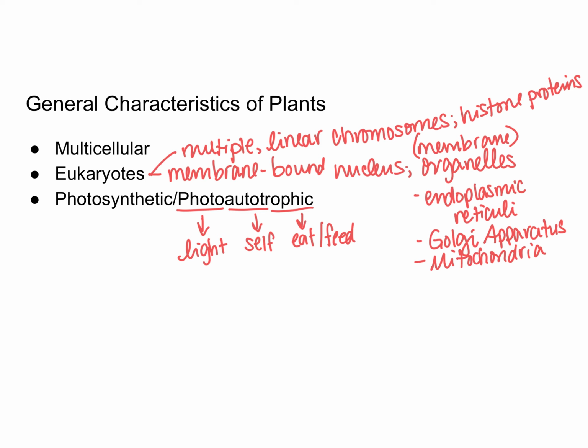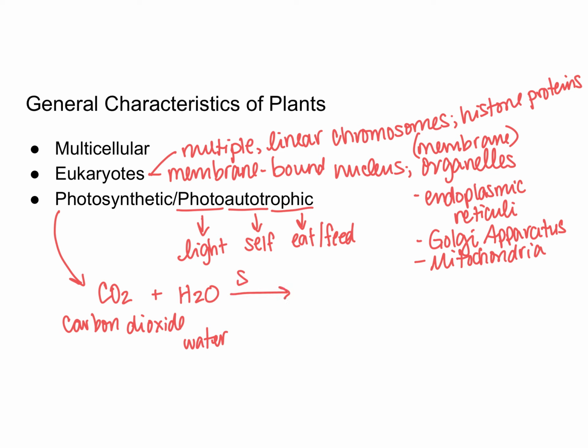And if you remember, the overall equation of photosynthesis takes CO2, which is carbon dioxide, plus water, then there's an input of energy from light. In this case, we're talking about the sun.